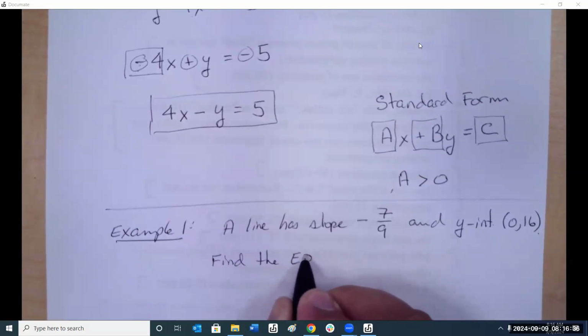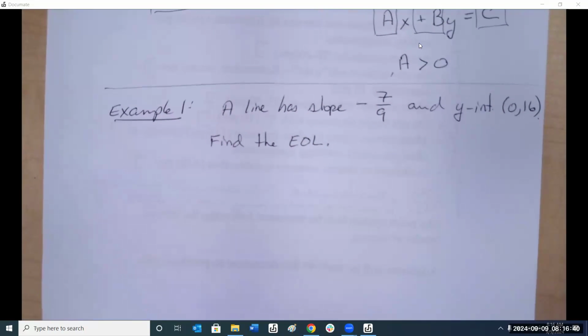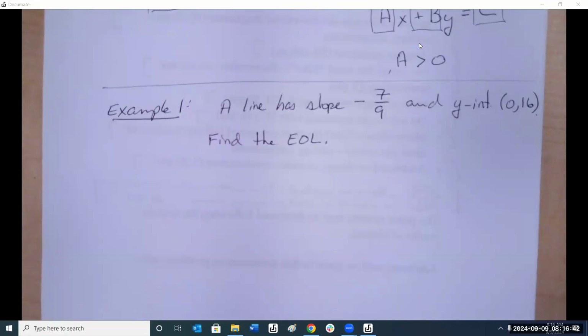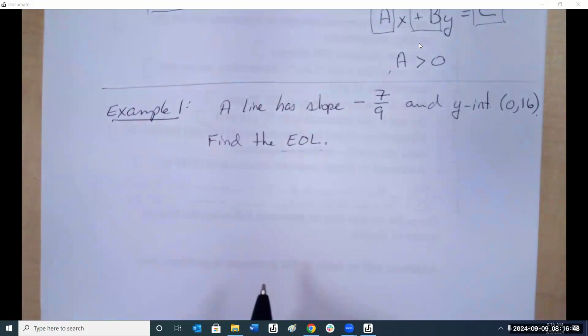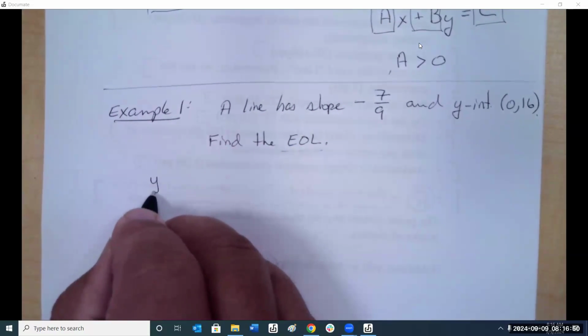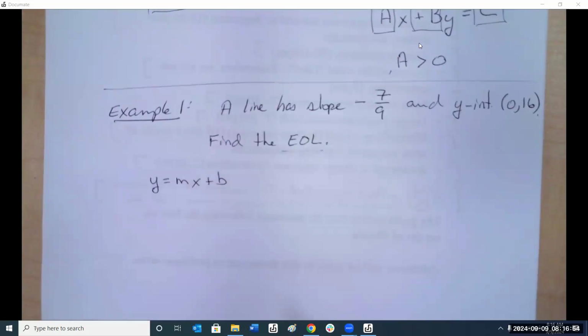Find the equation of the line. Whenever you see the instruction equation of the line, that usually represents this, unless otherwise indicated.